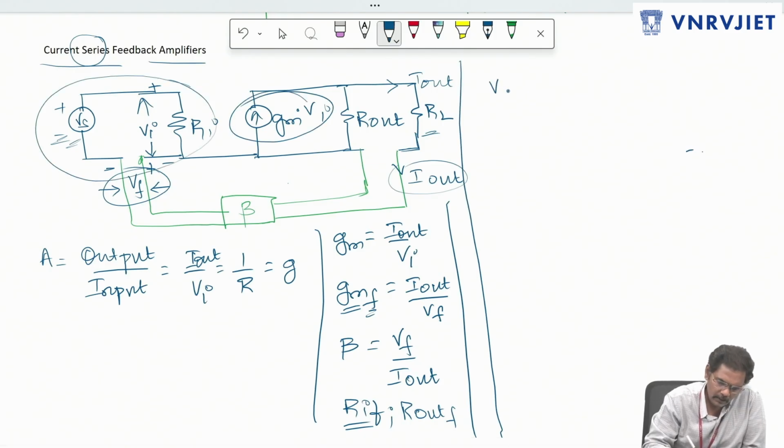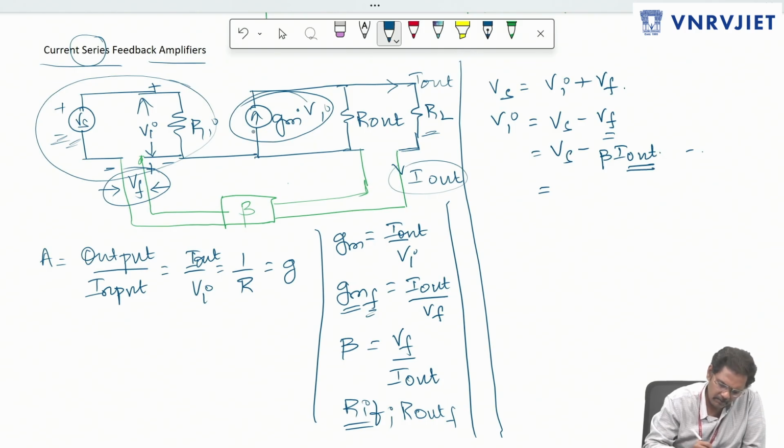I know that Vs is equal to Vi plus Vf. So Vi is equal to Vs minus Vf. Instead of Vf, I'll write the feedback value as beta times I out. Now what is I out? I out is Gm times Vi.